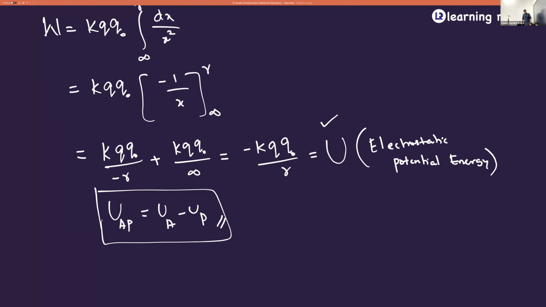One minute. UAP is actually final minus initial, so UP minus UA. It is not like relative values. UAP means the potential energy when the object is moved from A to B. It is the final potential energy minus the initial potential energy. So here I want to stress on one point. When you look at the potential energy, it is giving you a negative value.